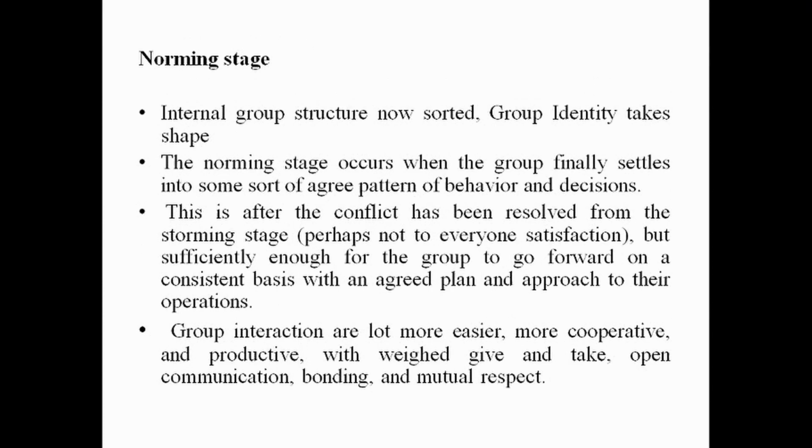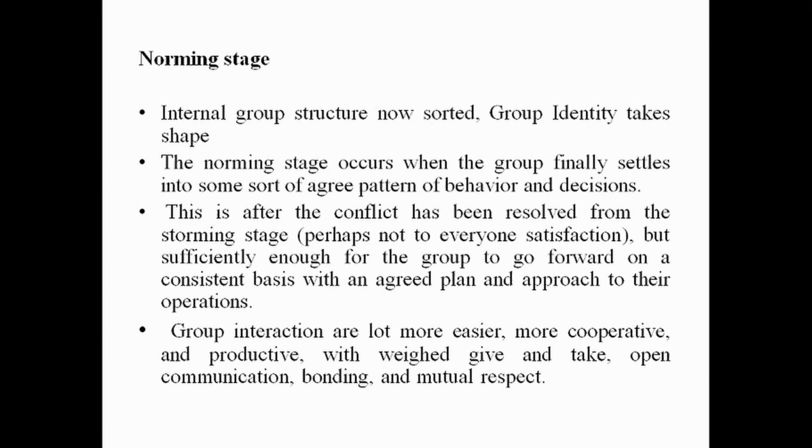Next is the norming stage. Here an internal group structure is now started. So the group identity takes shape by this stage. The norming stage occurs when the group finally settles into some sort of agreed pattern of behaviors and decisions.